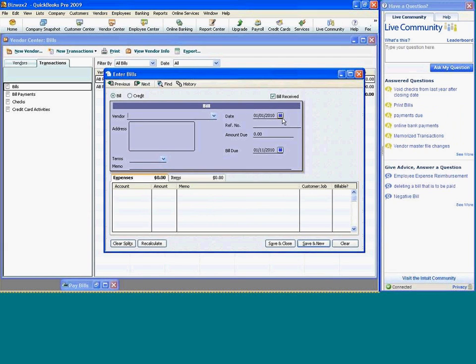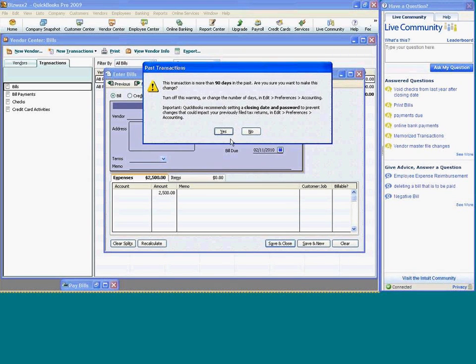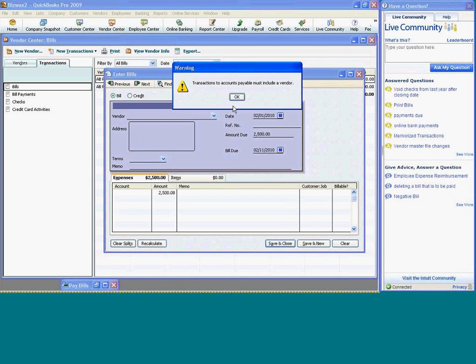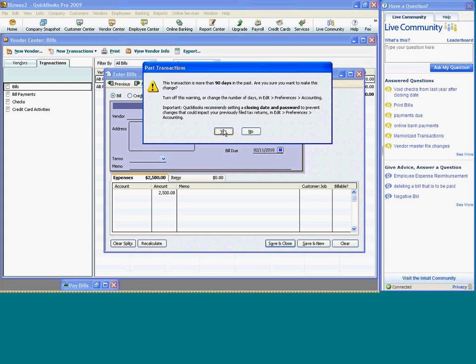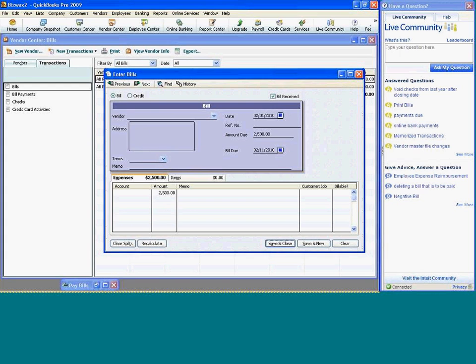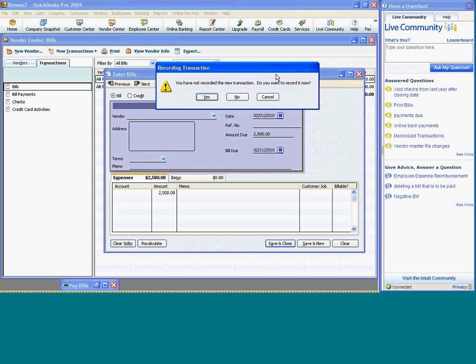The second one will be on the second month, and again, it will be $2,500. And now we have a second bill. It's complaining it might be before 90 days. What happened was the vendor went away, so let me get back to the vendor.